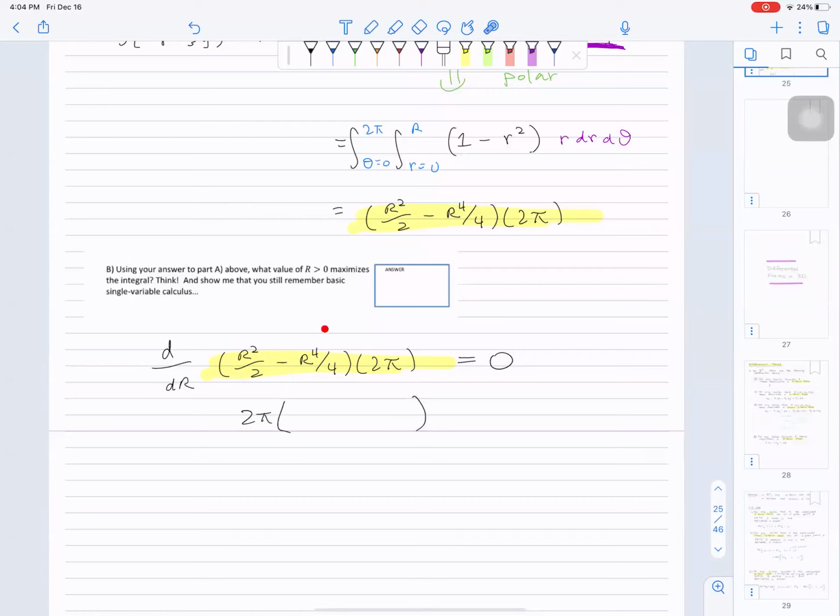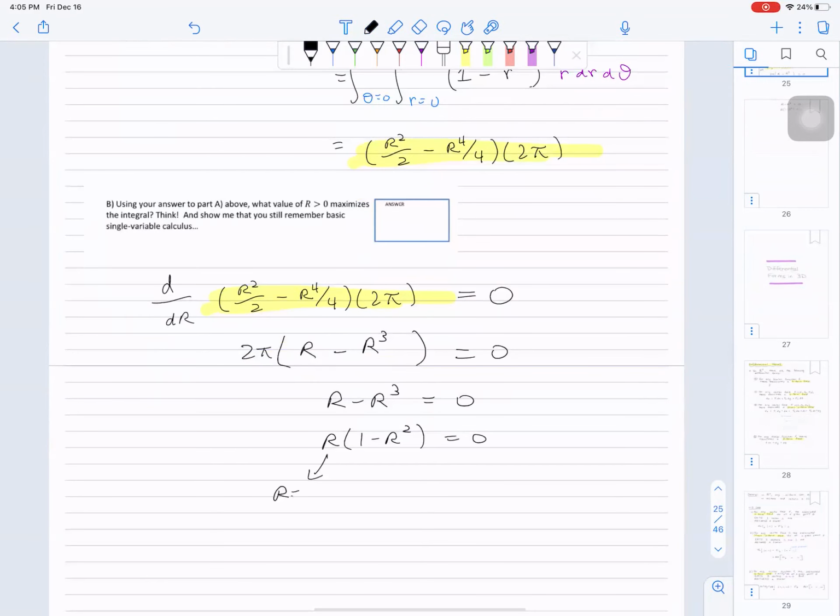I bring the 2 down, so it cancels out, so I'm left with r minus the 4's also cancel out, so r cubed equals 0, which means r minus r cubed equals 0. Now I can factor out an r, so I have 1 minus r squared equals 0. This means I have r equals 0 and r equals plus or minus 1 as my critical points. Now I have my critical points.